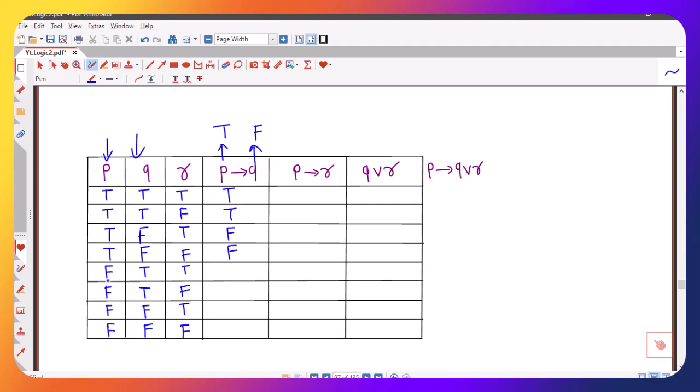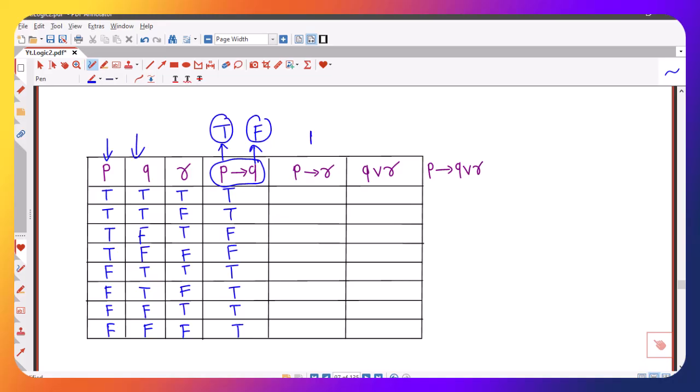In these last 4 rows P is false, so we don't have to worry about the truth value of Q. We will simply write down that P implies Q is true. Again we emphasize that P implies Q is false whenever P is true and Q is false. In all other cases it is true.